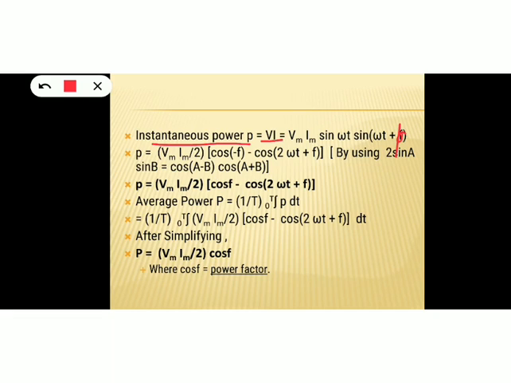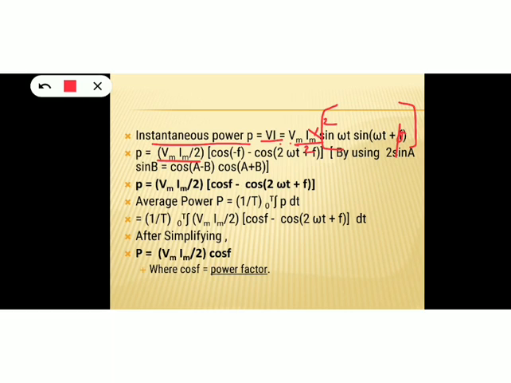Here multiply this expression by 2 and divide by 2. So you will get Vm Im by 2, then in the bracket we have 2 sin omega t sin(omega t plus phi).